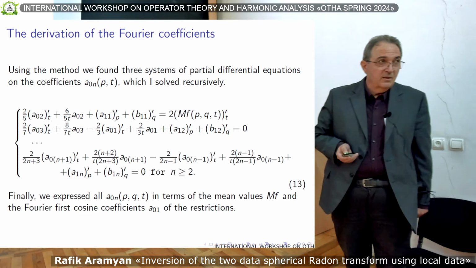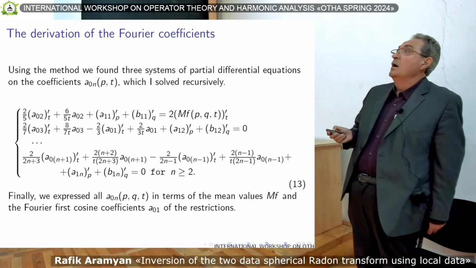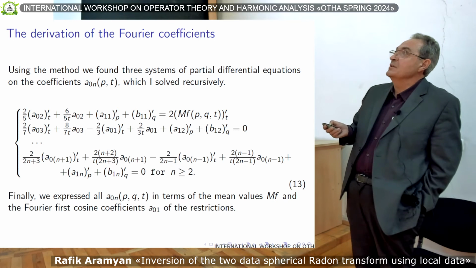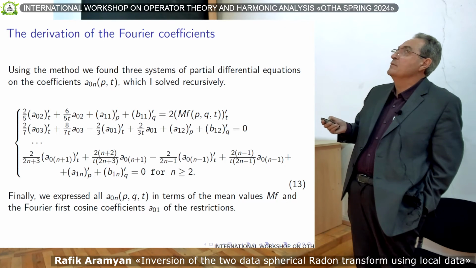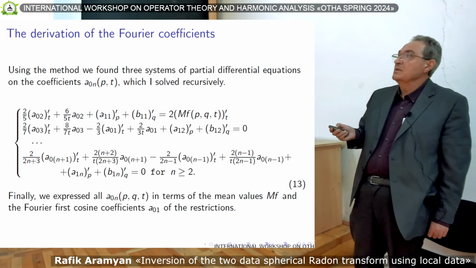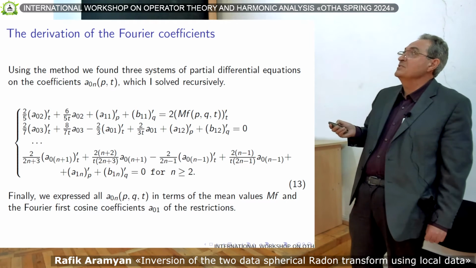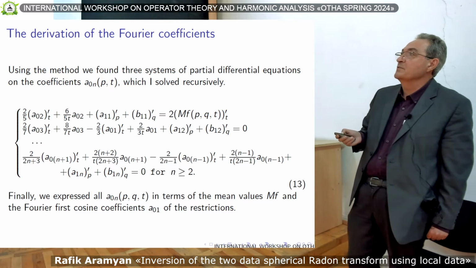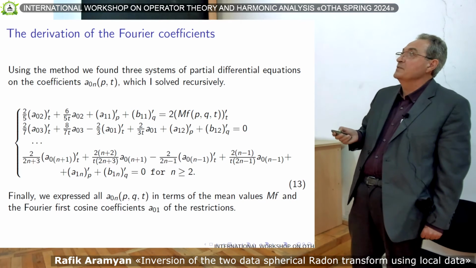Now about the inversion formula. We derived the unknown coefficients using the consistency method. Using the method, we found a system of partial differential equations on the coefficients A0n, which we solved recursively. Let me present one of them.